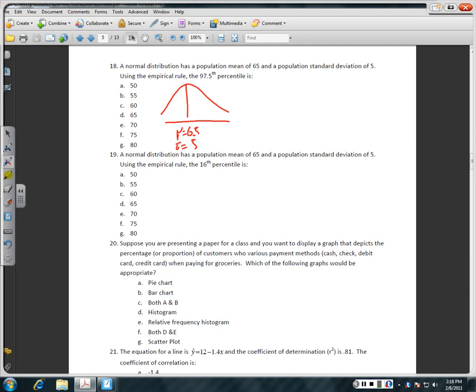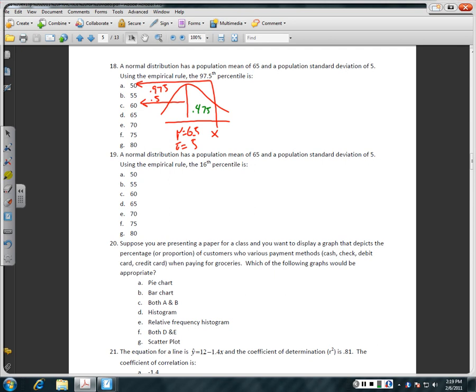That means that 0.975 of the data are below some point x. Well, we already know that from the mean down is 0.5. So that means that the area from 65 to x must be 0.475. That's just 0.975 minus 0.5.